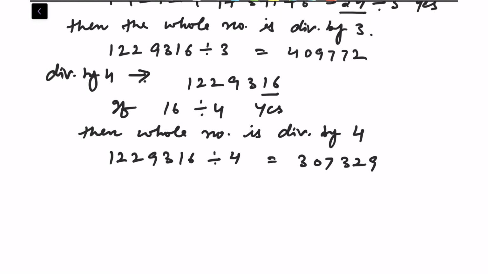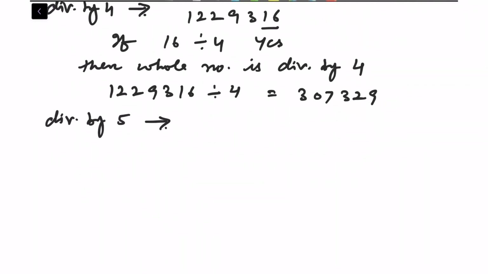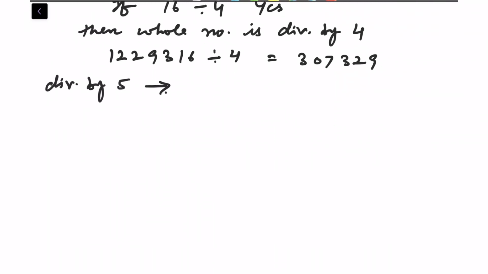Now you will see if the number is divisible by 5. For this, we will take this number again. Here, to see if it is divisible by 5 or not, we will have to see only the last digit.